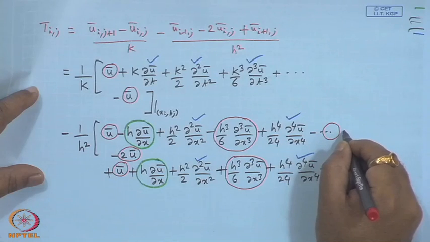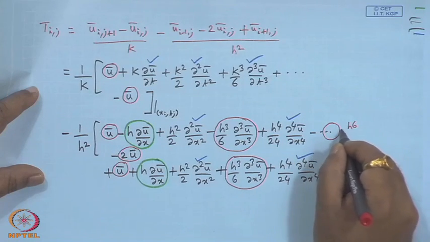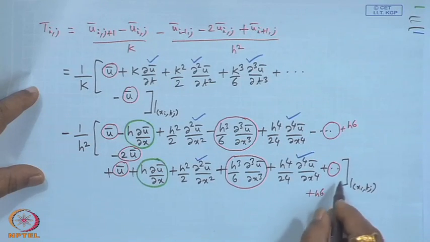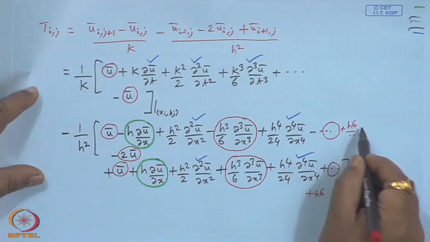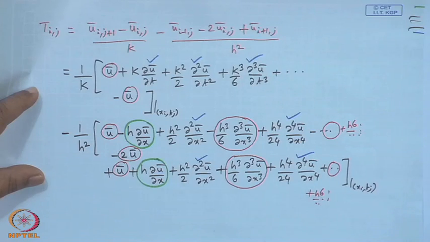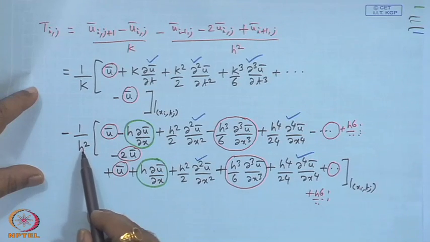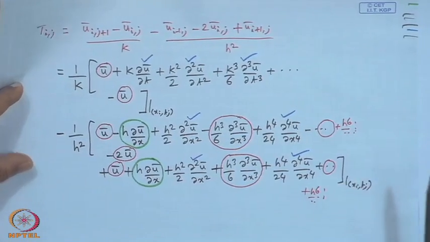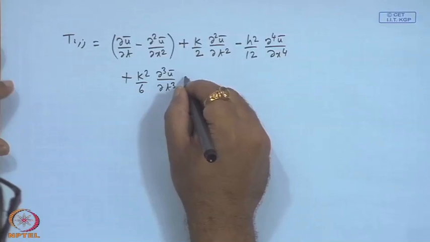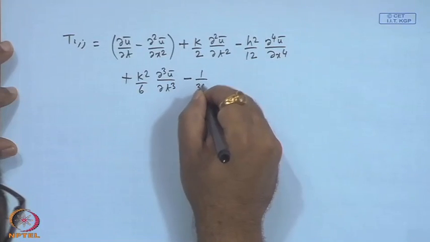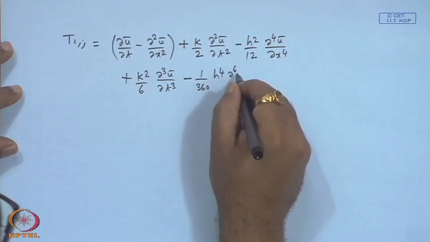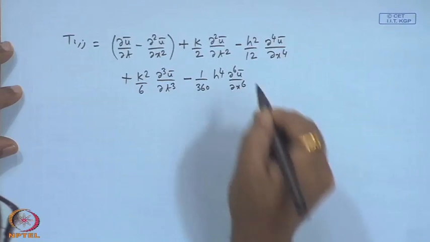So, what is the next term? Here h 6, okay, and here also h 6. So, h 6 by something, okay. So, that gets cancelled, h square gets cancelled. So, h 4 remains with the corresponding coefficient, twice of it. Okay. Let me put down that. So, the next term minus, okay.